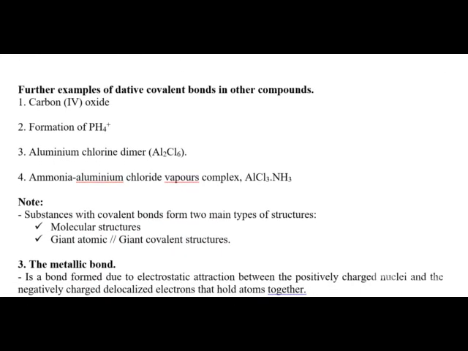A further example for dative bonding is carbon monoxide, CO, and not carbon dioxide. Carbon monoxide is the only odd one out. This one you have to master. Carbon monoxide will undergo dative bonding. Except CO and aluminum chloride, which is a dimer, these are the two compounds which will undergo dative bonding, unlike the rest.